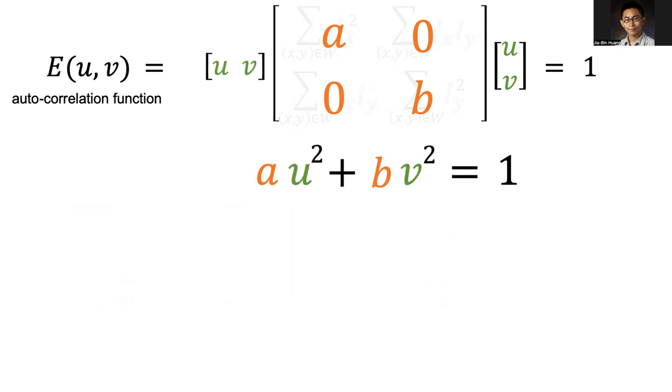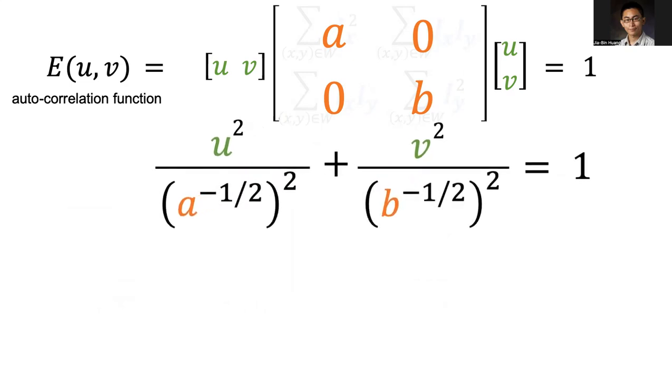Okay, but usually we don't write it in this way, right? We write it in this way, right? That's how you represent an ellipse during high school. So you have this u squared over something plus v squared over something, and this tells you the axes, like a long axis, a short axis, a major or minor axis, to reach the 1.